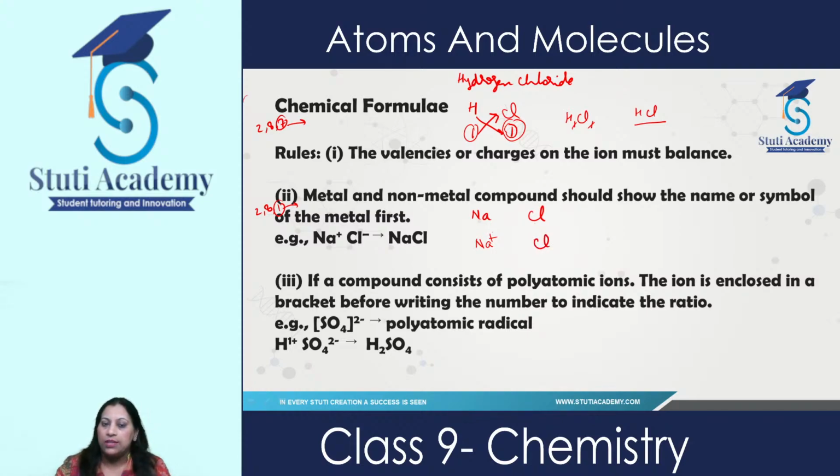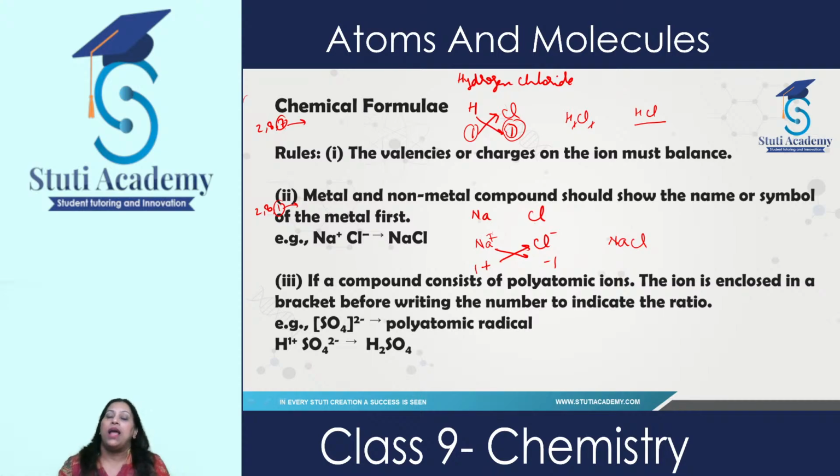So it is Cl minus. Again 2, 8, 7. Now if no number is mentioned along with their charges, it is understood that it has only 1. Now just crisscross again. It has plus 1, it has minus 1. So if we crisscross, then it is NaCl.